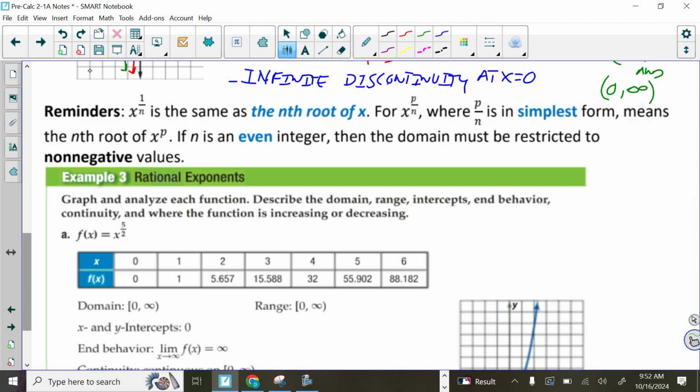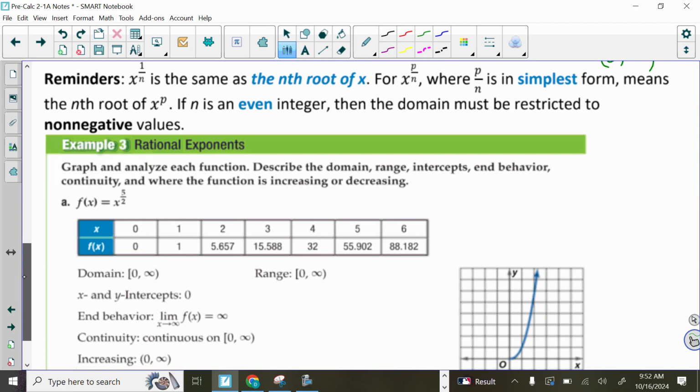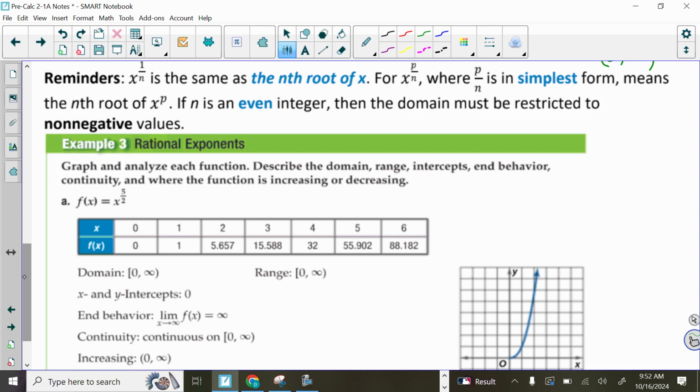All right, so rational exponents. So here we're gonna graph this sort of thing, and I'm gonna let you pause and write whatever you need to down here. This is saying that when you have a fraction as your exponent, and we've got the denominator n in our exponent, remember, we write this as the nth root of x.